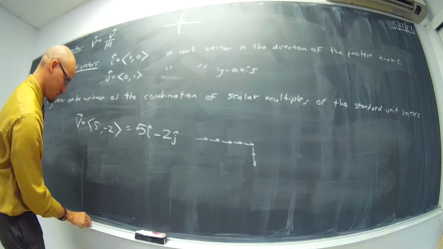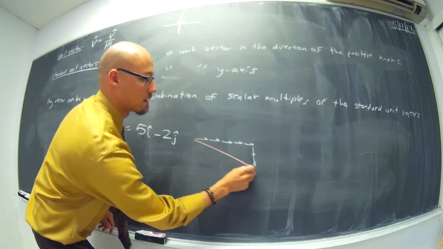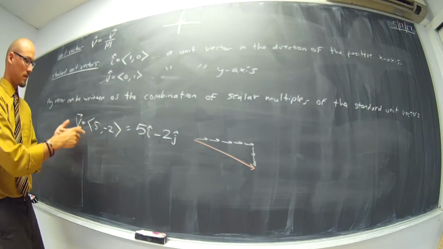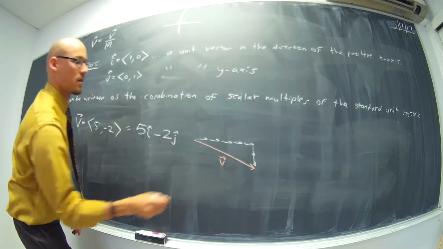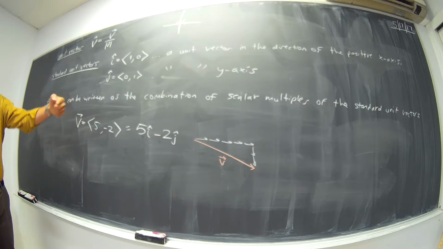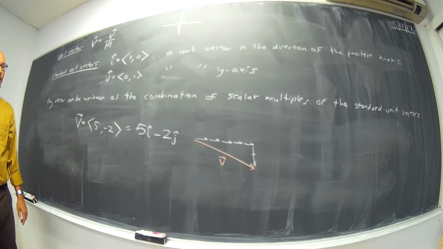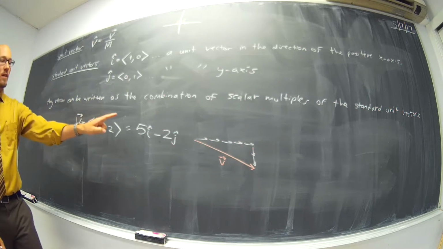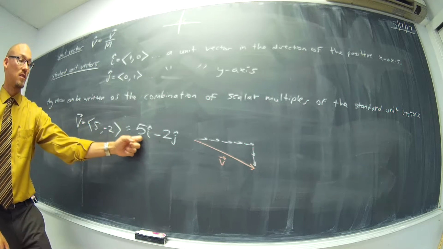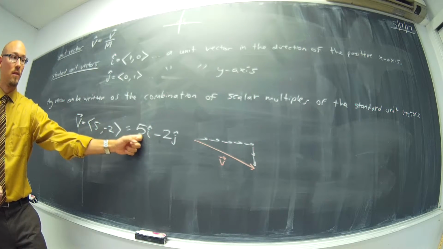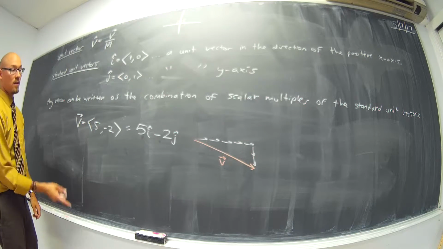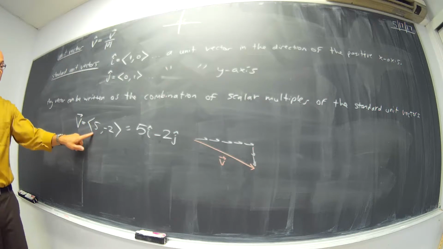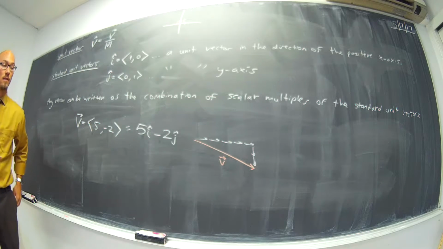And then your resultant vector is v, which is clearly 5 comma negative 2. But it's a combination of scalar multiples, I just multiplied by a number, of the standard unit vectors. So you might see it written like this, you might see it written like that.